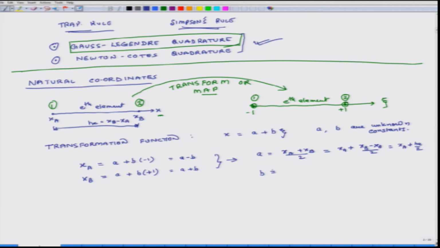Similarly, b is equal to xb minus xa by 2, and this is equal to he by 2.